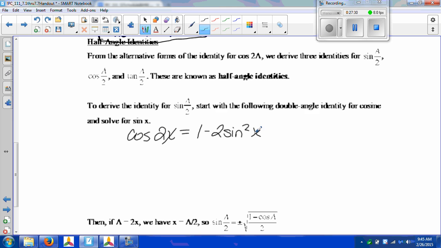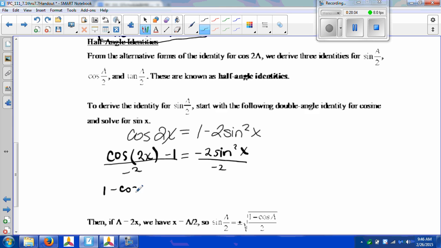So we're going to start with the double angle identity for cosine, and then we're just going to solve it for the sine of x. First I'm going to subtract 1 from both sides, and so that would give me the cosine of 2x, and I'm going to put that in parentheses, minus 1 equals negative 2 sine squared x, and then I'm going to divide by negative 2, and so then I get 1 minus cosine of 2x all over 2.